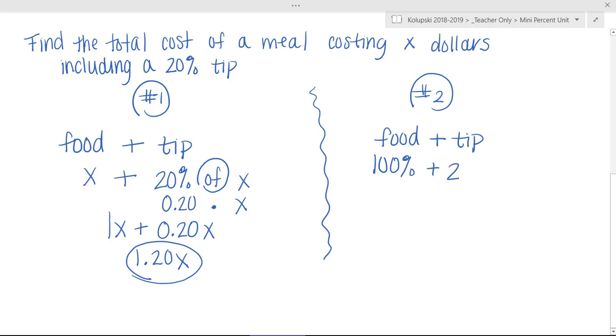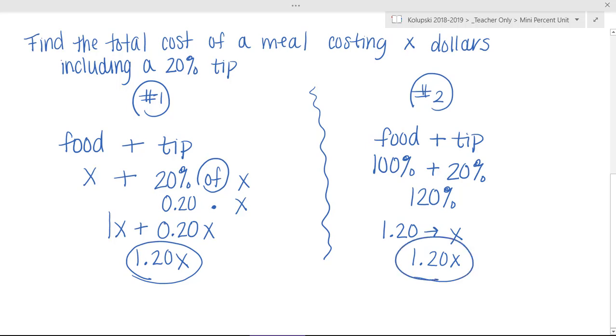We're also going to include the 20% tip. So if I take these percentages and add them together, I'm actually paying 120%. But I want to take this now and convert it into a decimal. And you have to include the x because it's 120% of both of these things put together. So that's where we get the 1.20x.